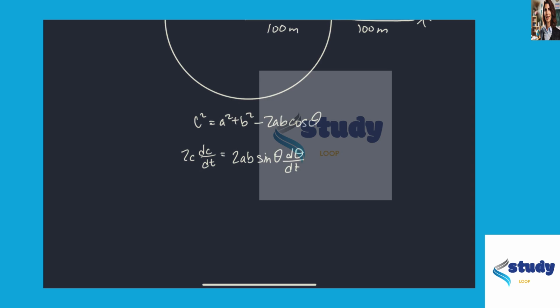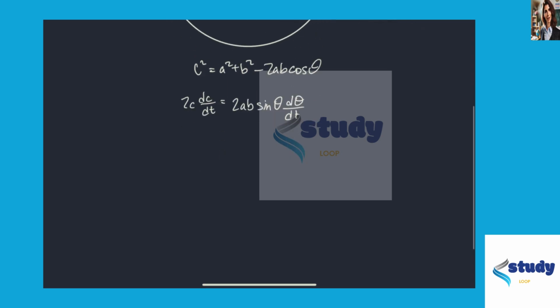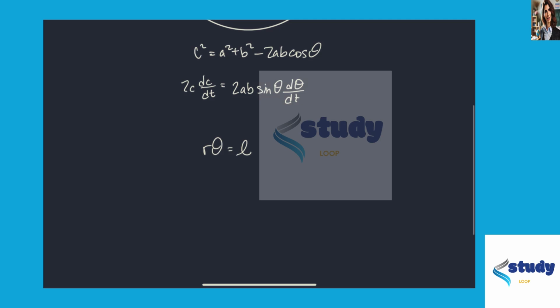So since the runner is moving at 7 meters per second, we want to relate that to the arc length formula, which tells us that the radius times theta is equal to the length. So differentiating both sides again, we'll get that dr/dt theta, and this is chain rule, plus r d theta/dt is equal to dl/dt.